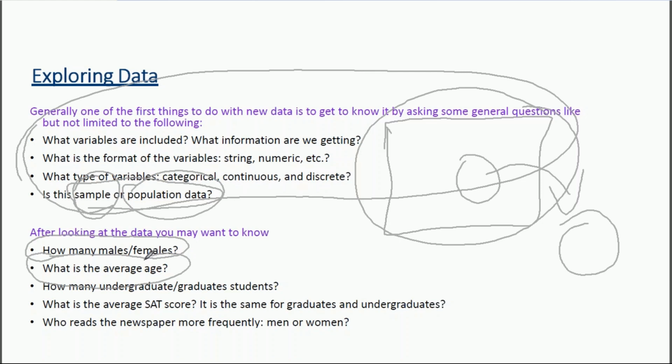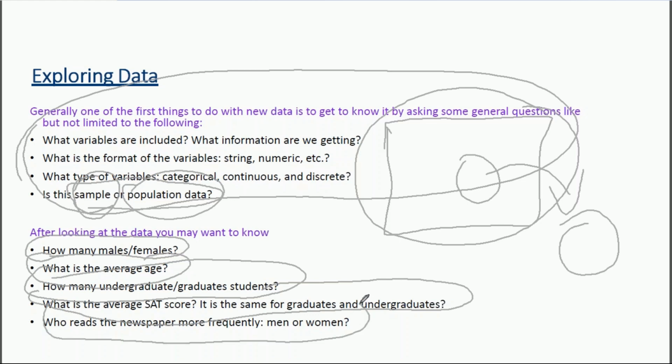If education is going to impact my analysis, then I'll have to see how many graduates and how many undergraduate students I have. What are the overall SAT scores for those people? Who reads the newspaper more frequently, men or women? So I go into a more granular level of analysis. This is how you start doing different exploration in terms of data handling.